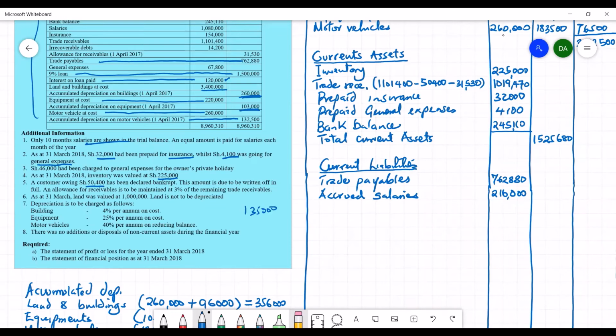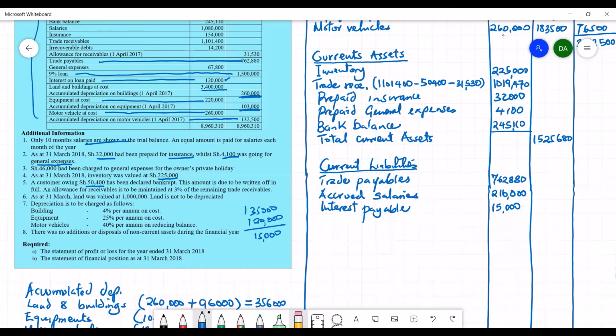But only 120,000 was already paid. That means 15,000 has not yet been paid, and the 15,000 which has not been paid is the amount which is payable, and therefore we say interest payable. Interest payable is equal to 15,000.